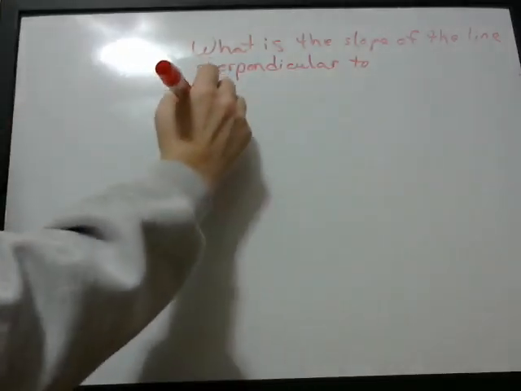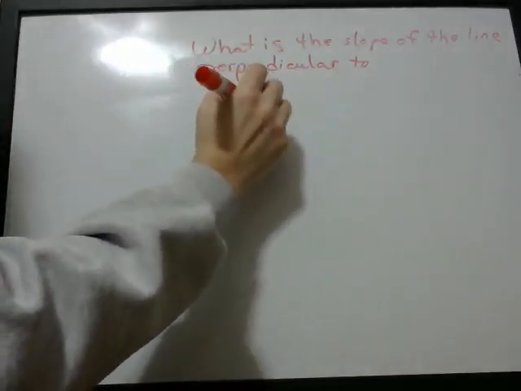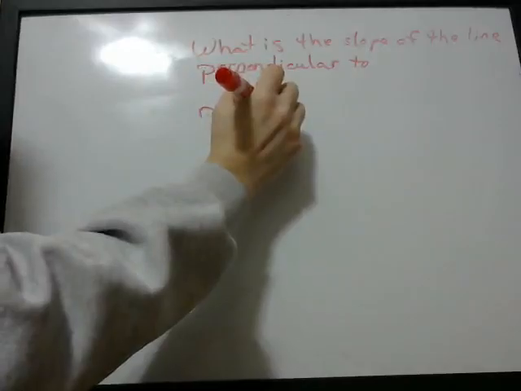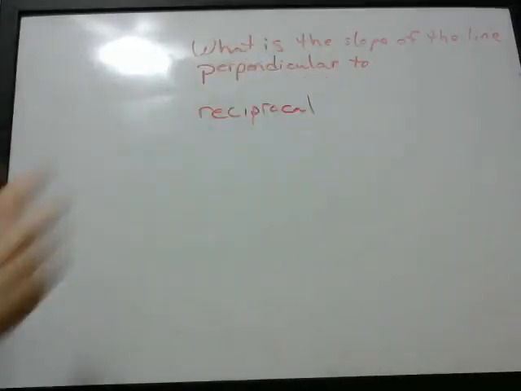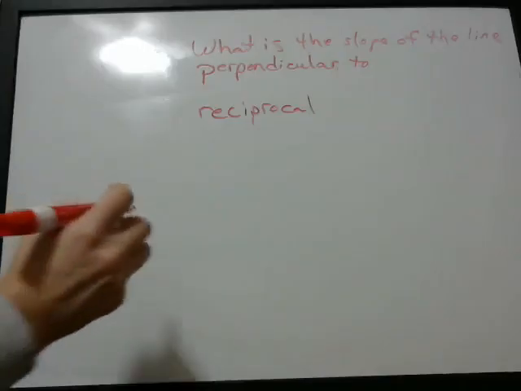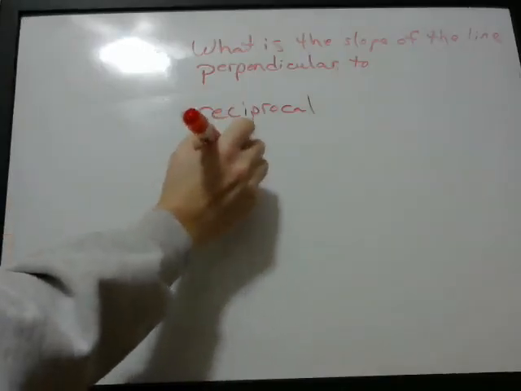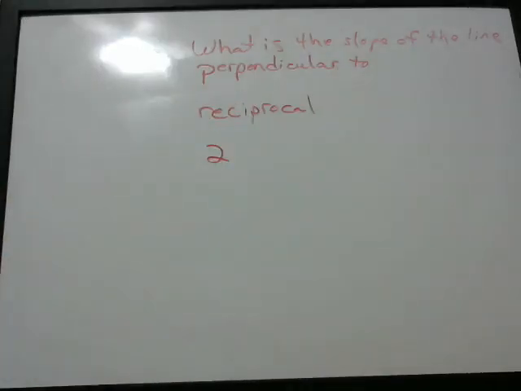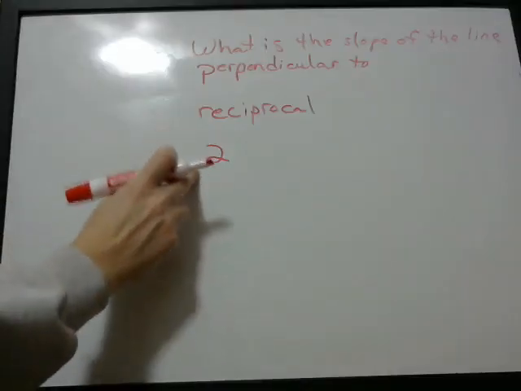If you don't know what a reciprocal is, it is basically, if you have a number, what number do you multiply by in order to get 1? But the easy way to think about it is you just flip over the fraction. So for example, if we have the number 2, a whole number really is a fraction.